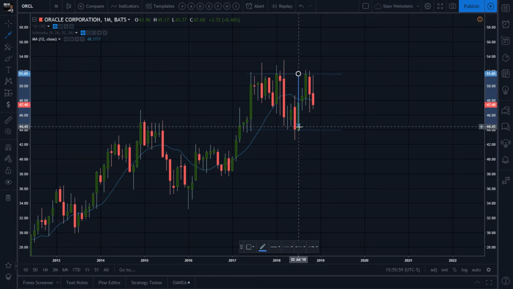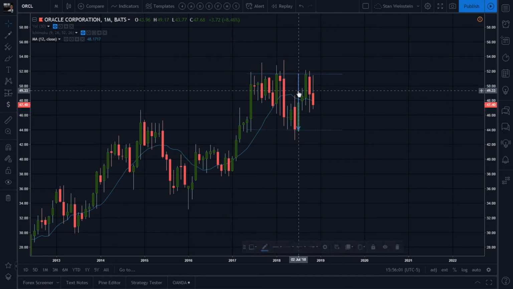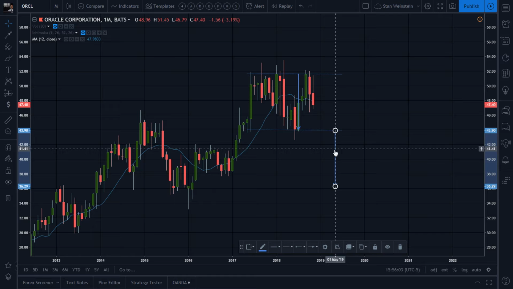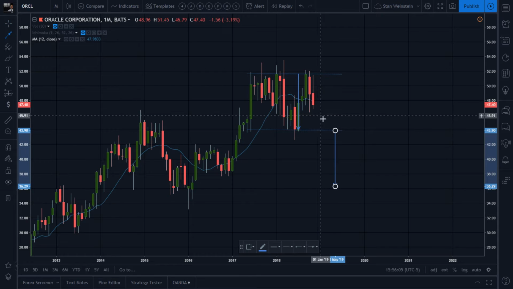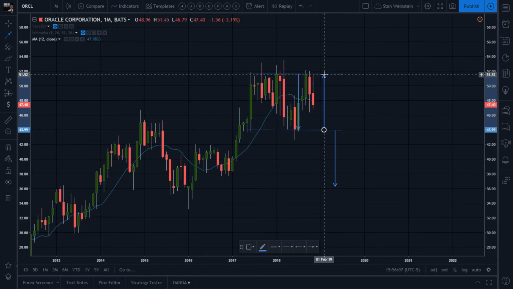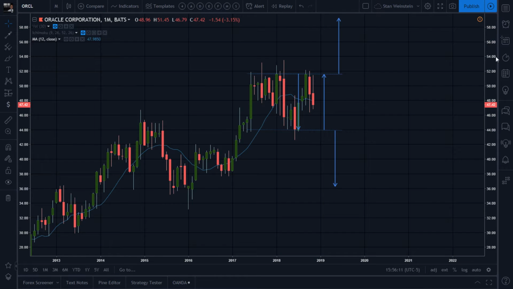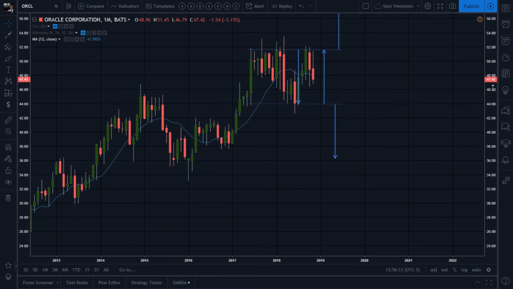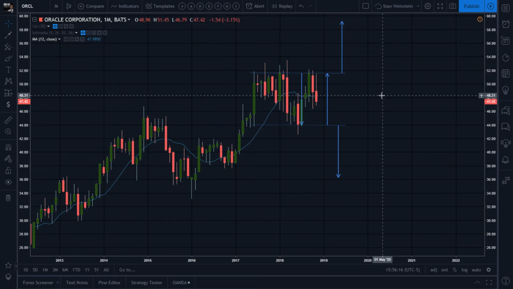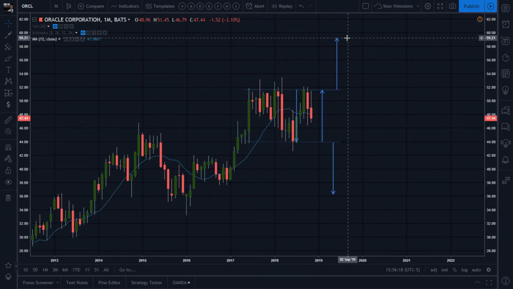Let's draw a downwards arrow, and these would be my targets eventually. Crazy targets. Implied measured move added to the breakout line. So this is the bullish case right here, target 59.